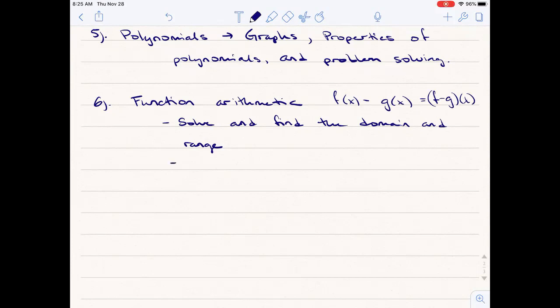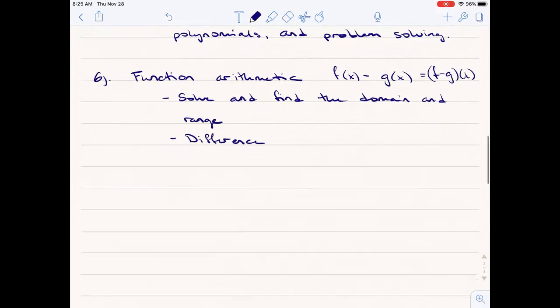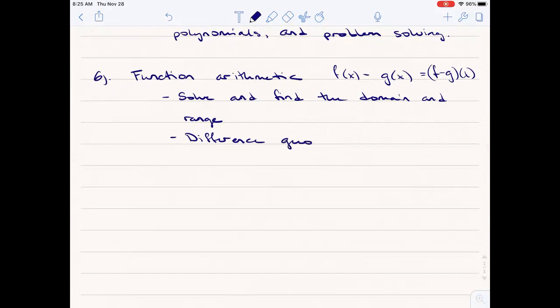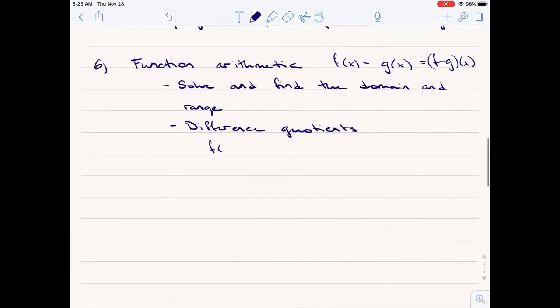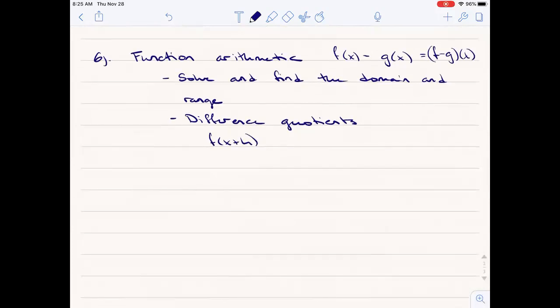But we also saw it on test 2 in the form of difference quotients, which in general is f of x plus h minus f of x over h.